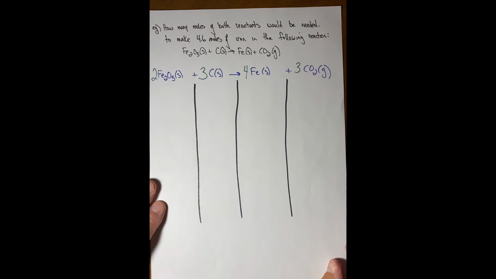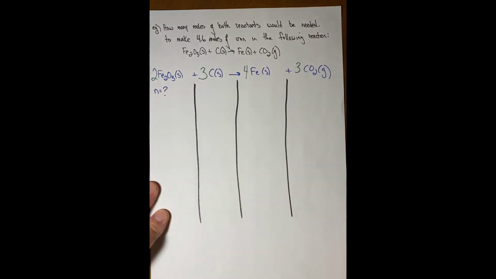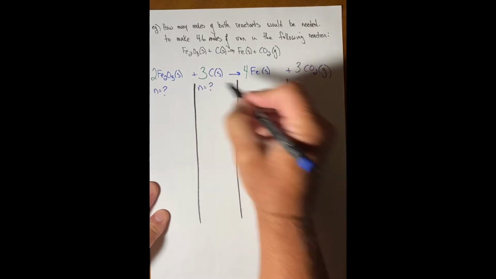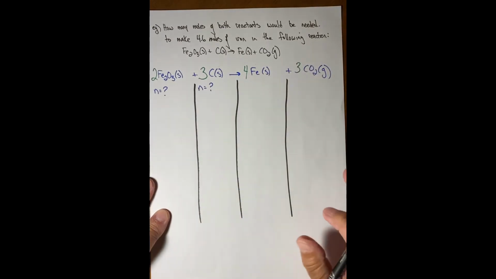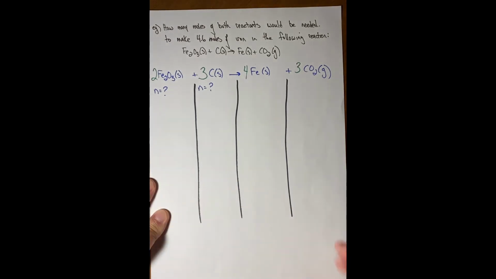My next step is going to be writing out all my givens. So I am interested in the number of moles of both reactants. So I'm after little n for my iron 3 oxide, and I'm also after little n for carbon. In this example, I want you to find the number of moles of the reactants that we need to make a particular amount of product.